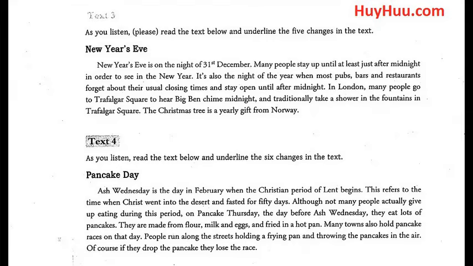These are made from flour, milk, and eggs and fried in a hot pan. Some towns also hold pancake races on that day. People run through the streets holding a frying pan and throwing the pancakes in the air. Of course, if they drop the pancake, they lose the race.